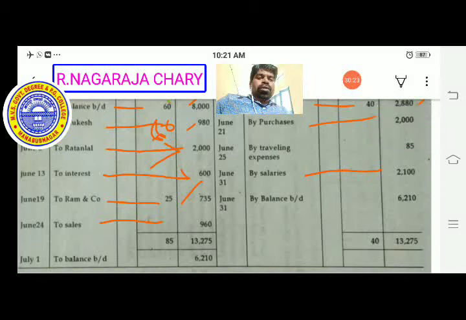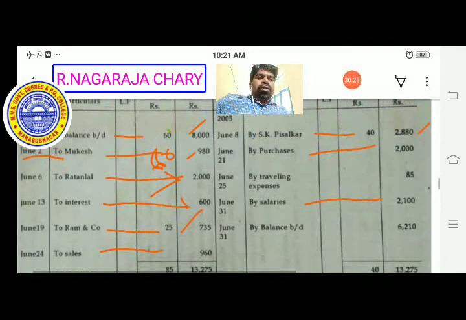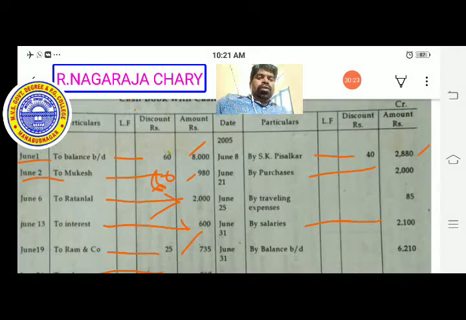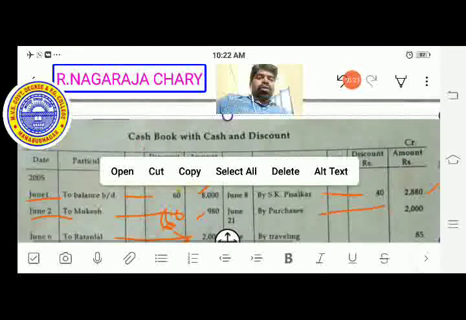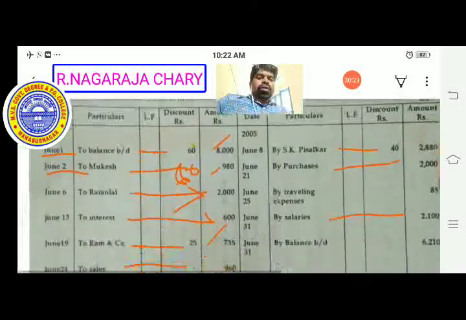So now all the transactions are over. It is just to be balanced.